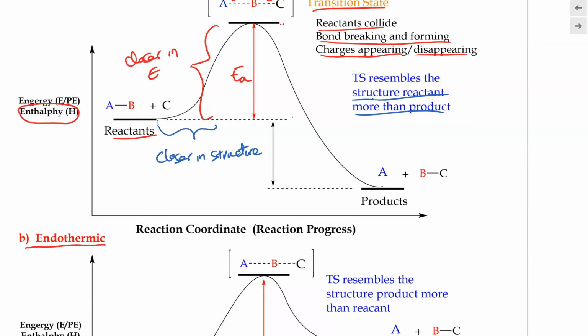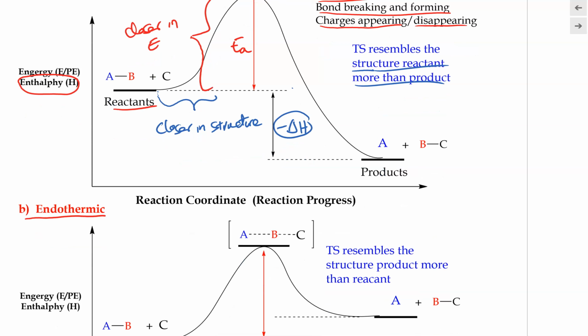And overall, this reaction would have a negative delta H of reaction. So if we take the delta H of the product minus the delta H of the reactant, then in this case we'll have a negative delta H of the reaction. And that's why this reaction is exothermic.